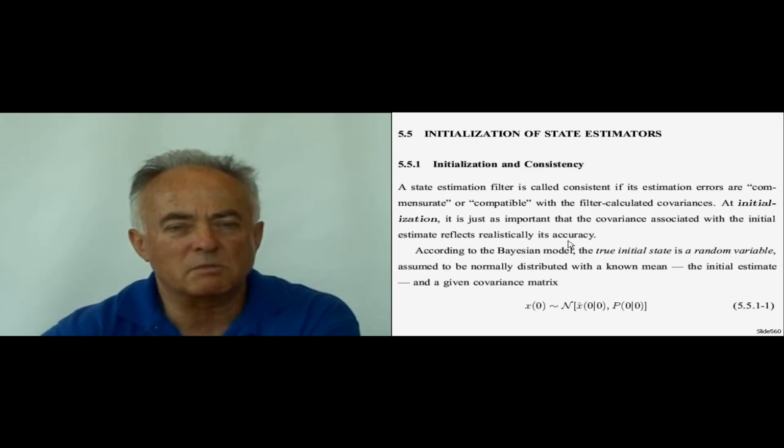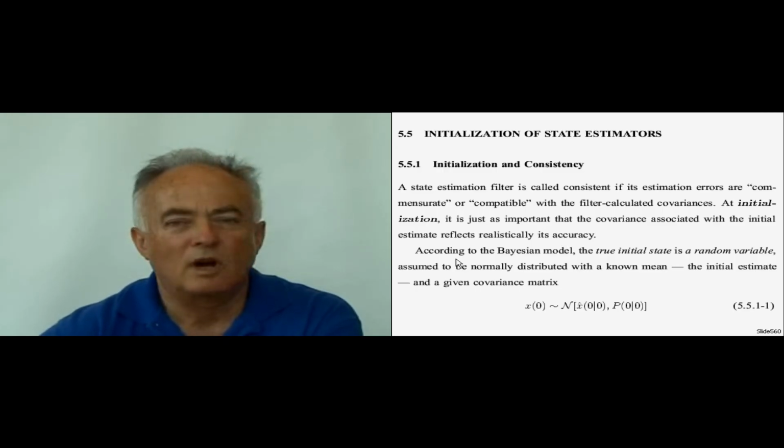Remember there were three sources of error: initial error, process error sequence, measurement error sequence. Start from the beginning. You have to make sure that at the initial time you already have consistency. Otherwise, the filter is misled by the initial information.